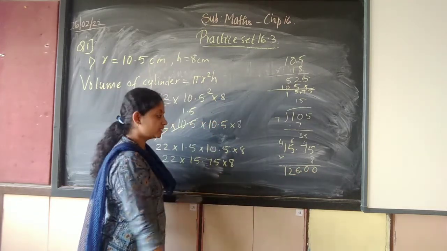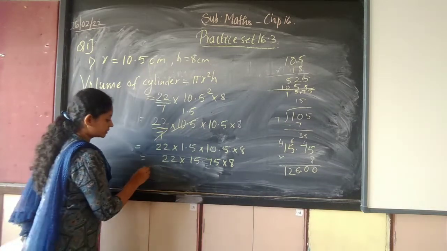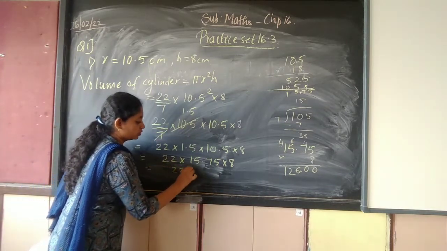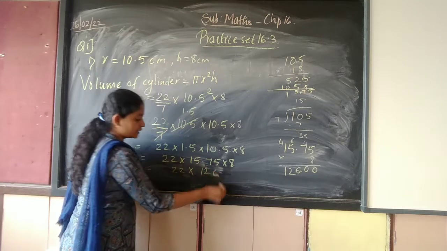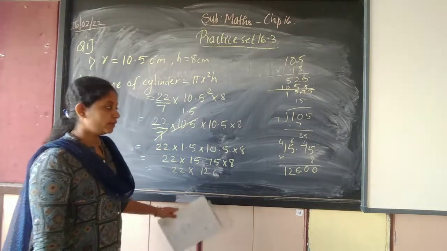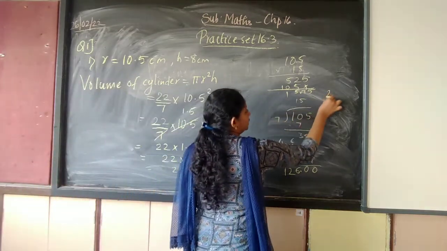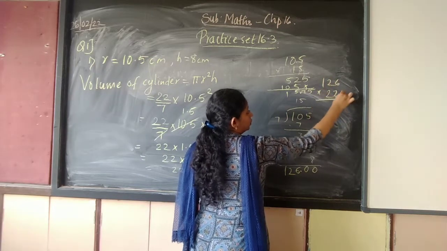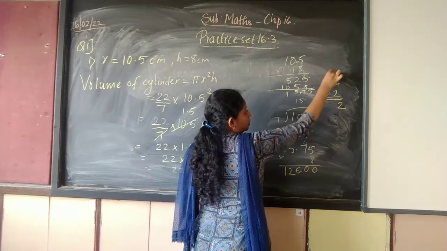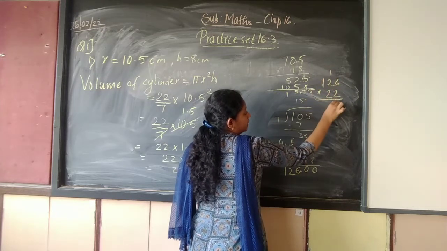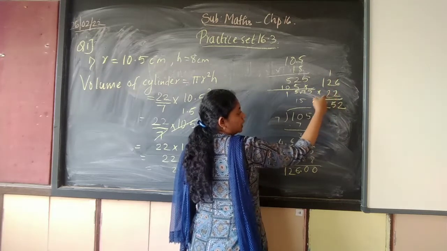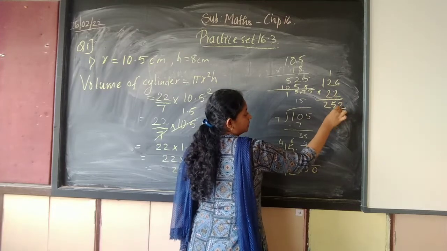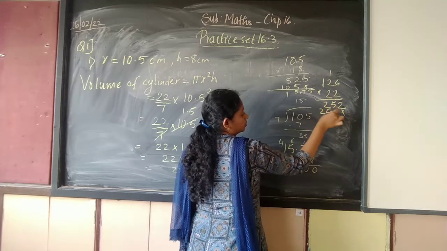So we will leave it as it is and we can write it as 22 into 126. Then you are going to multiply 22, 126, 6 2s are 12, 2 2s are 4 plus 1, 5, 2 1s are 2. Again it is multiplied by 2, so same number 2, 5, 2.